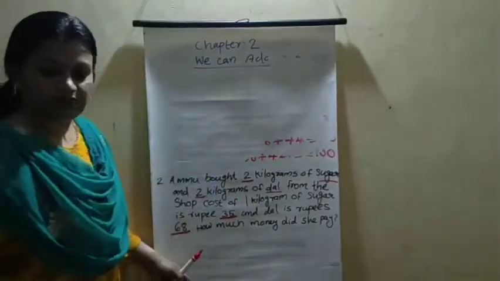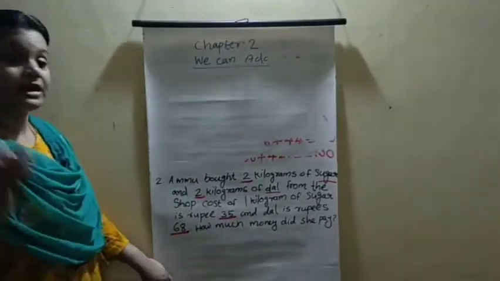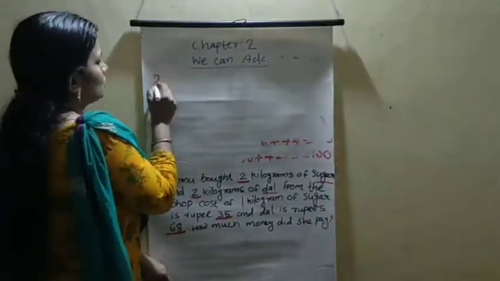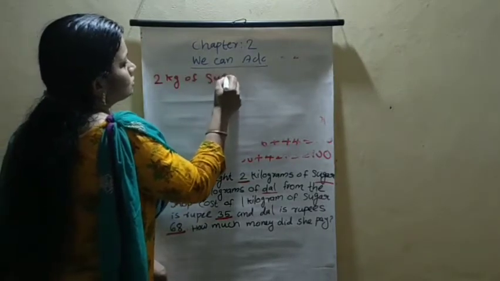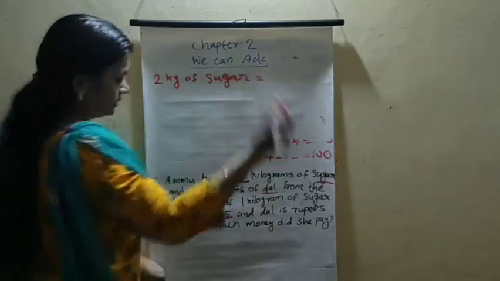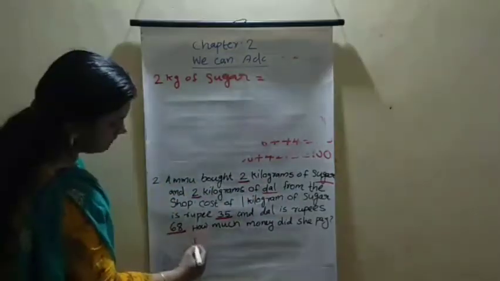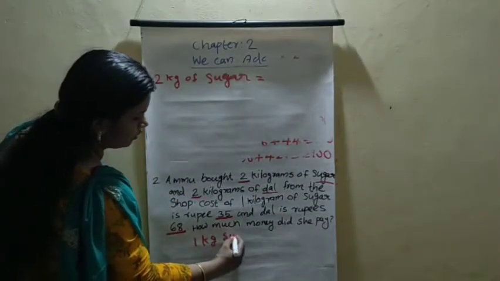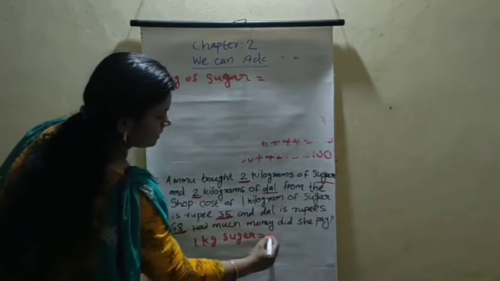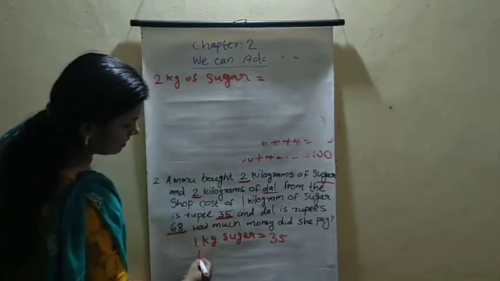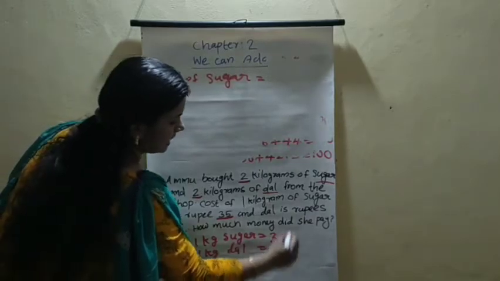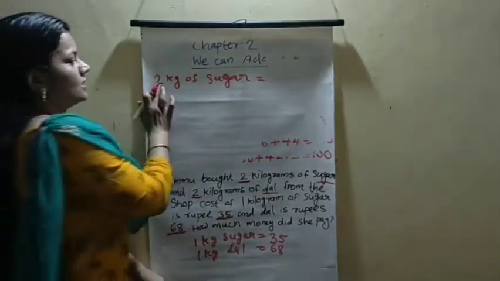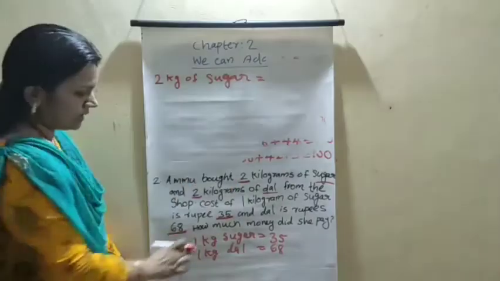Okay, children, first we find out 2 kilograms of sugar. It is already given that 1 kilogram sugar equals what? 35 rupees. 1 kilogram dal equals 68 rupees. So how to find out 2 kilograms of sugar?